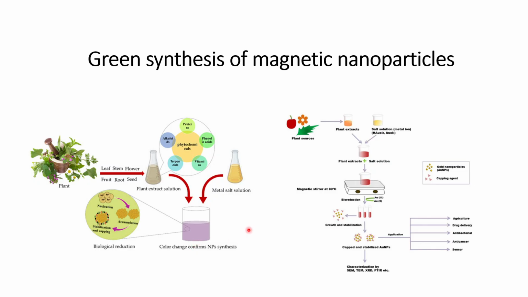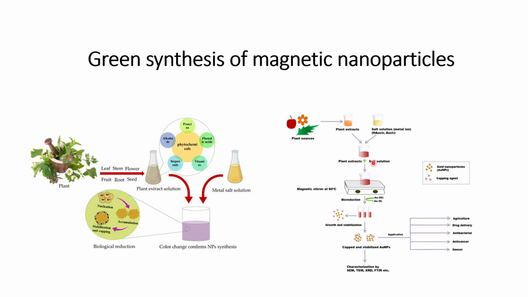A slightly more detailed overview of the large scale industrial plant is shown on the right hand side. Here they take the plant source, extract from it, and then mix it with the salt.